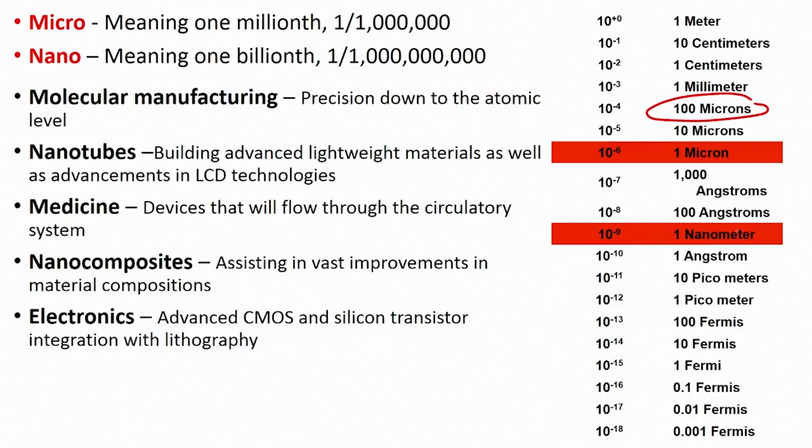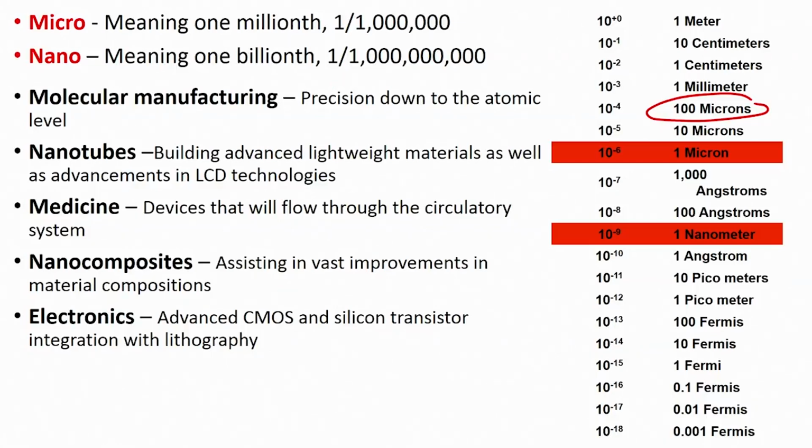Micro means 1 millionth, 1 by 10 lakh. If I say it in terms of lakh, it is 10 lakh, 1 by 1 millionth. When you talk about nano, it is 1 billionth, 1 by 1 billionth.